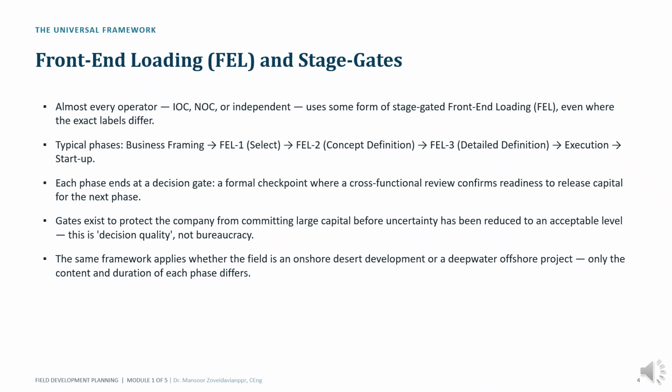The objective is to improve decision quality. As uncertainty decreases, larger amounts of capital can be committed with greater confidence. The terminology may differ between Shell, Chevron, Petronas, or other operators, but they are all applying the same principle. Do not commit major capital until uncertainty has been reduced to an acceptable level.